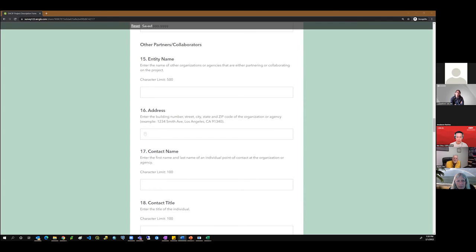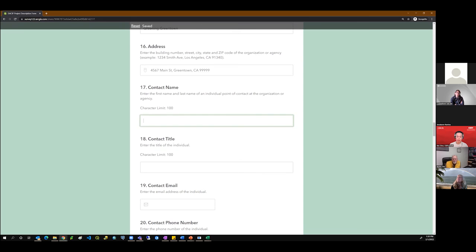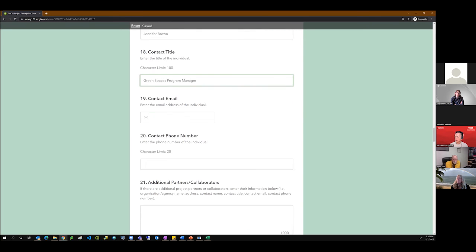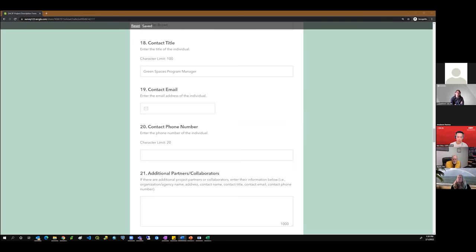So I'm going to put in the name of the organization in question 15, their address in question 16, the name of the contact for that organization, their title, email address in question 19, and then a contact phone number for them in question 20.